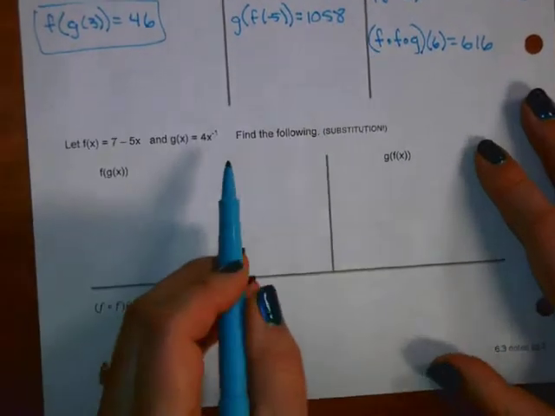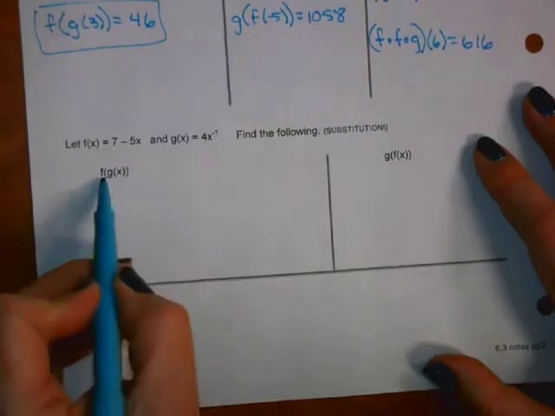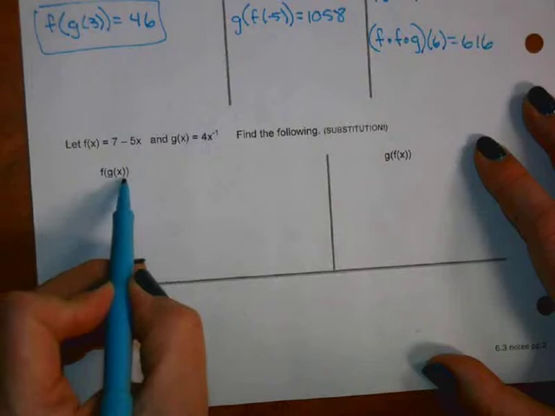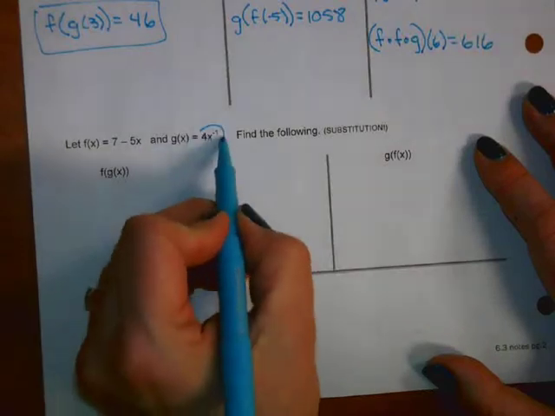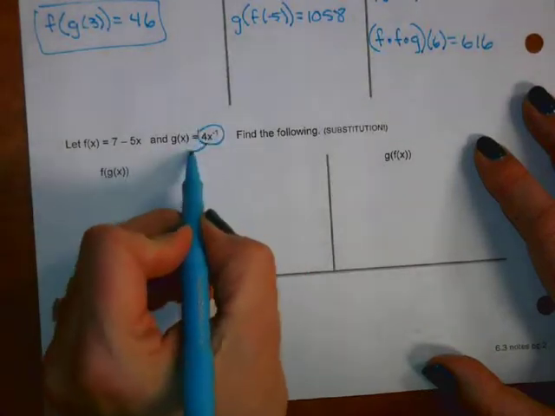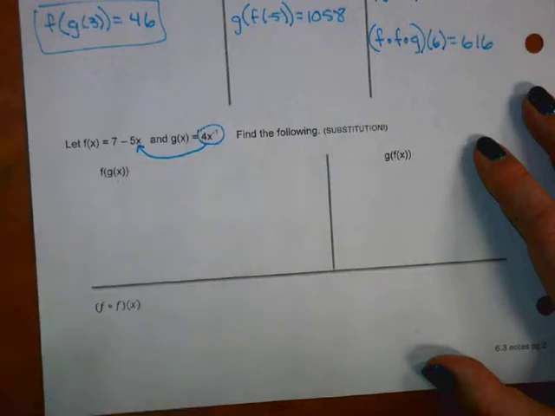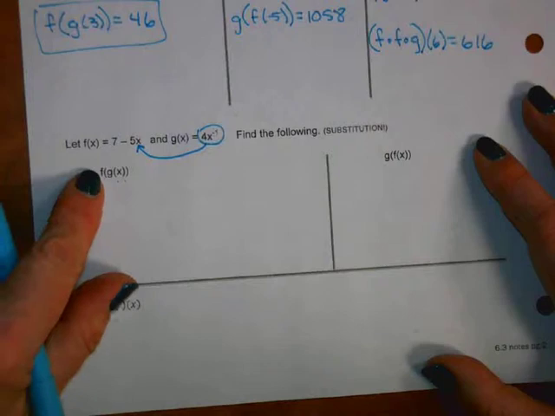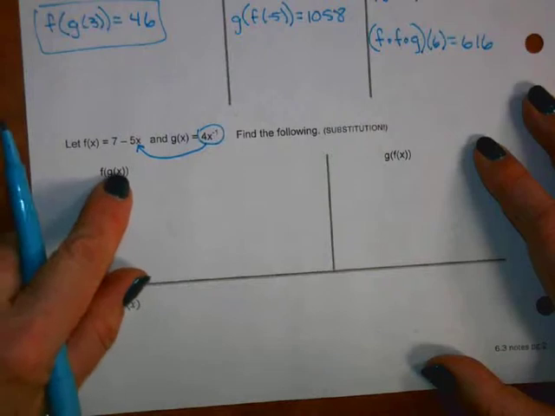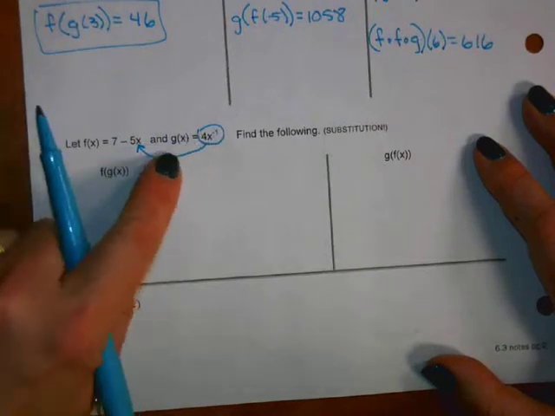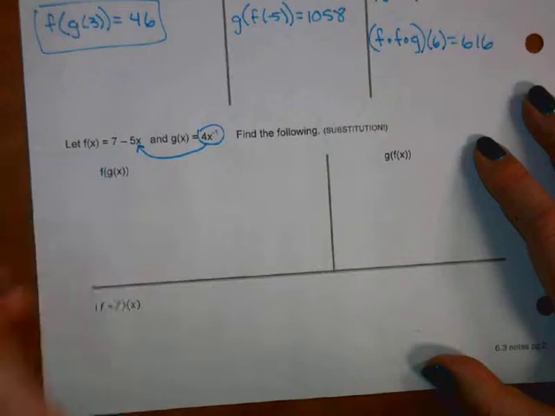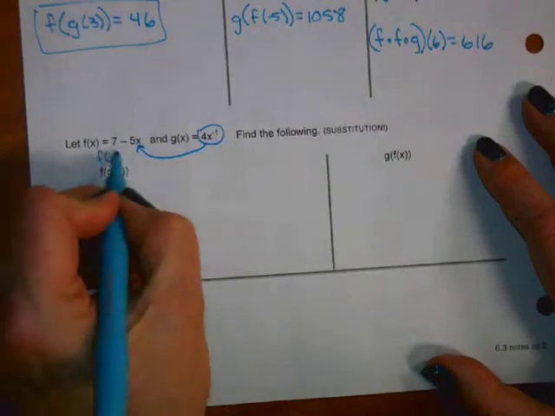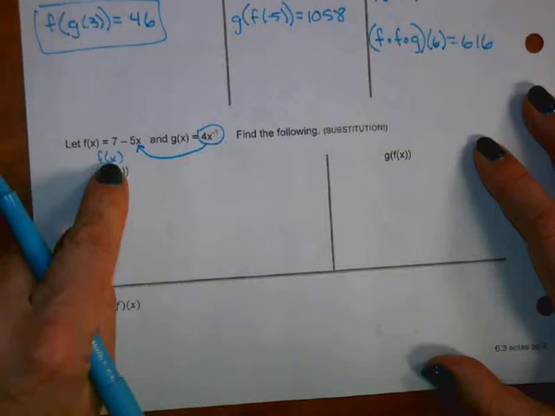Okay, you're doing f of g of x. That means I'm taking whatever g of x is and plugging it into the x value of f. How did you get that? F of g of x. I'm taking the function g, the whole thing, and plugging it into where x is. Because remember, this is really just f of x.